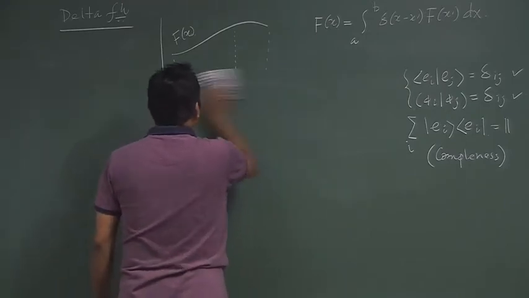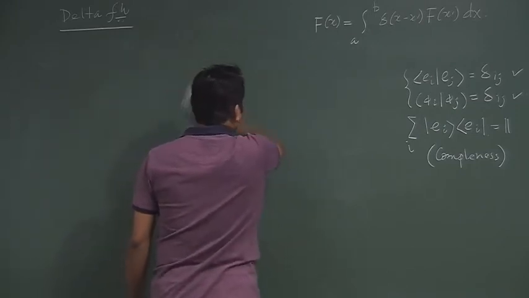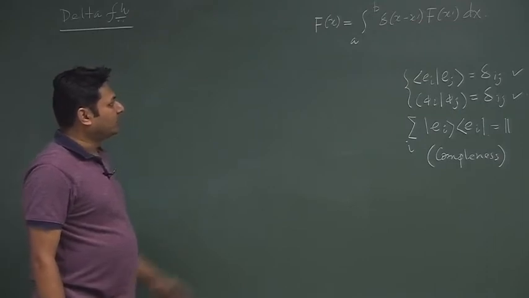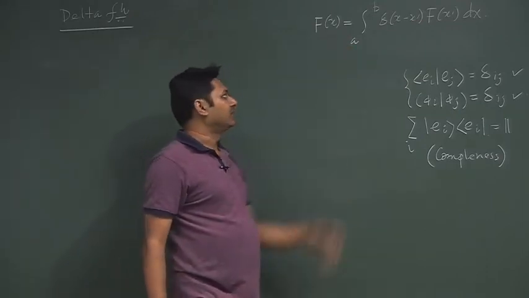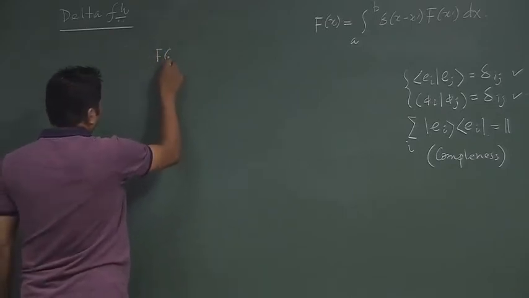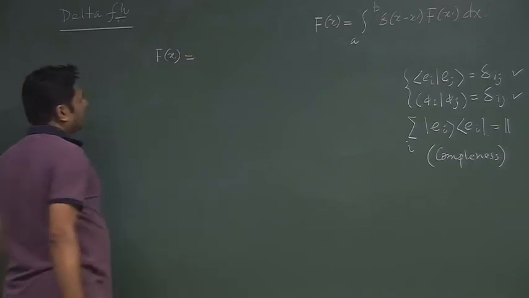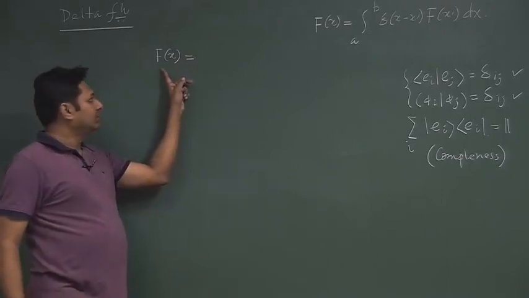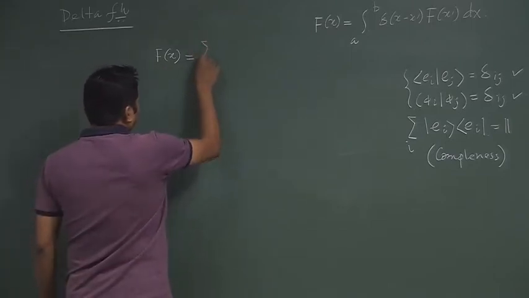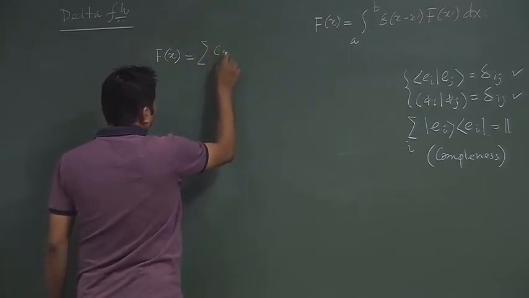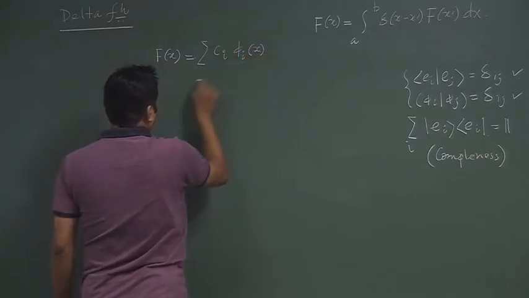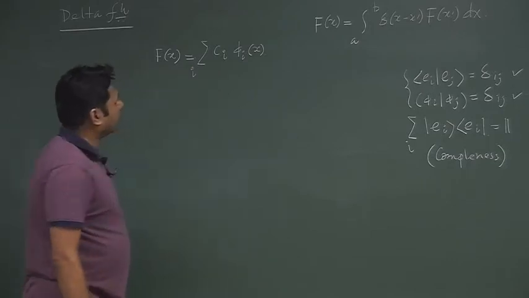So I know how to extract a particular value of f(x) at x prime with the use of the delta function, with the property of the delta function. Now, I know f(x) can be represented completely. If I am able to represent this completely, then I can write it as the sum over i of C_i phi_i(x).